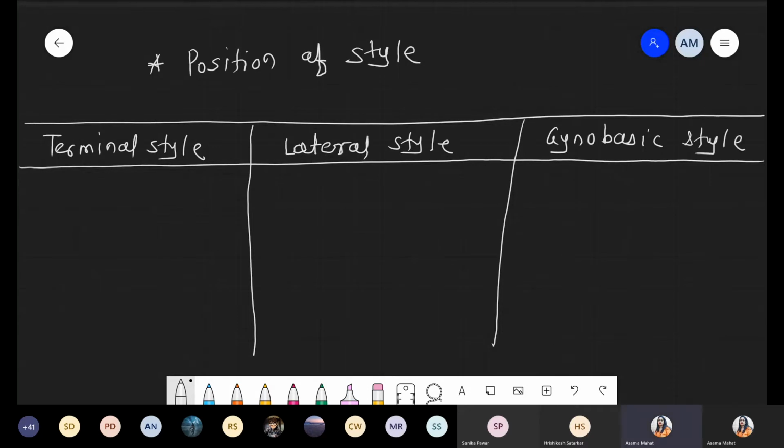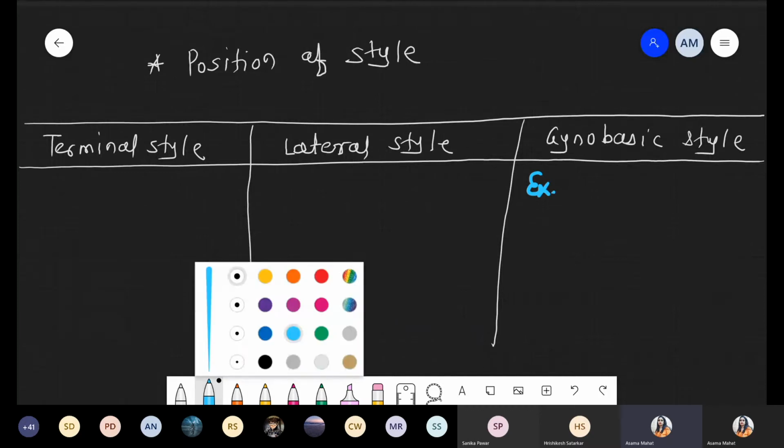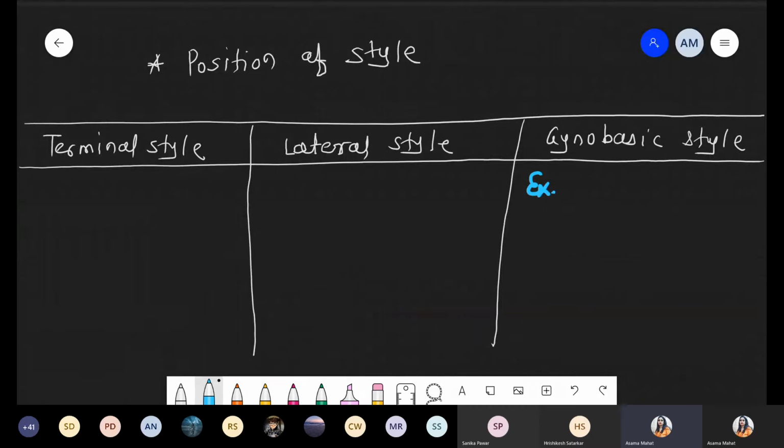Gynobasic style is very common in Ocimum. We already discussed that Ocimum is commonly called Tulsi.